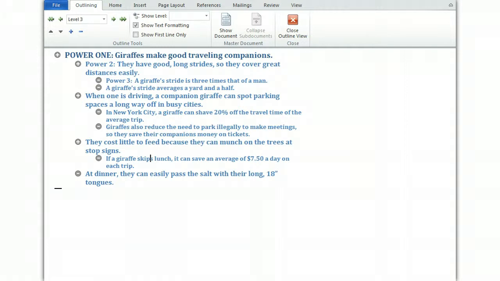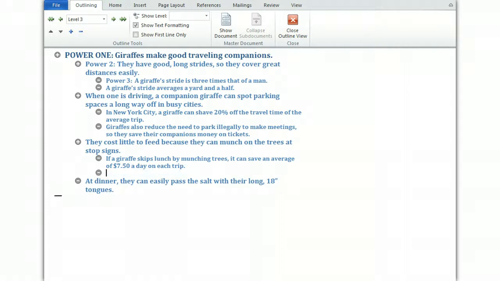If a giraffe skips lunch by munching trees, okay. Now we're talking about munching trees at stop signs.